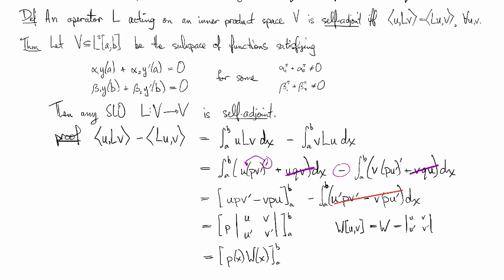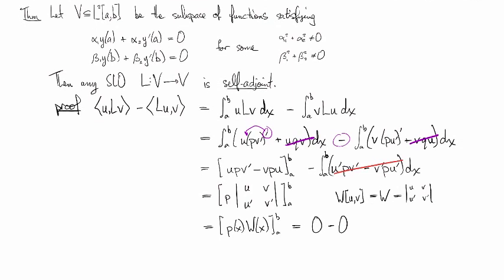And it turns out that this is 0 at b and 0 at a. To see why that's true, we look at the boundary conditions. Say at x equal a, what do we have?